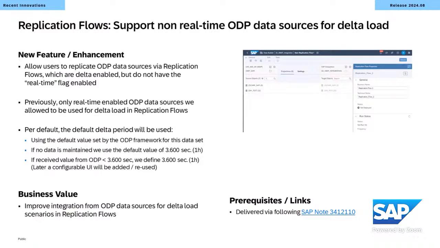But we are also looking into the ability to control it from the UI. There we are looking into reusing our existing parameter, the delta retry interval, that we anyhow have in place. So there are already discussions happening with development to reuse that setting here to have one streamlined and harmonized parameter to control it.